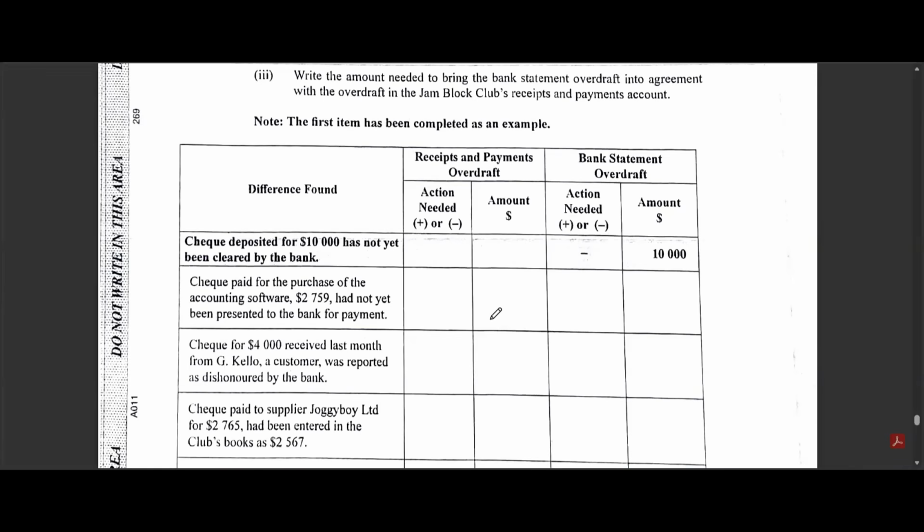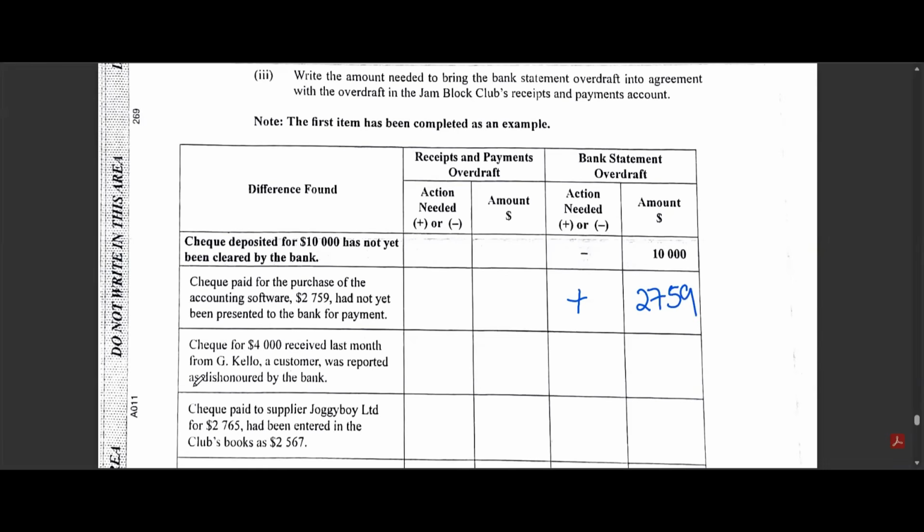Therefore that is an unpresented check. Now that unpresented check has not yet been presented to the bank, therefore it means that we're going to have to add that back on to our bank statement because it did not yet come out from the bank. We add back your unpresented checks, guys, right?